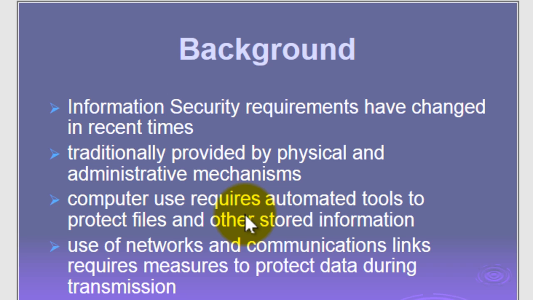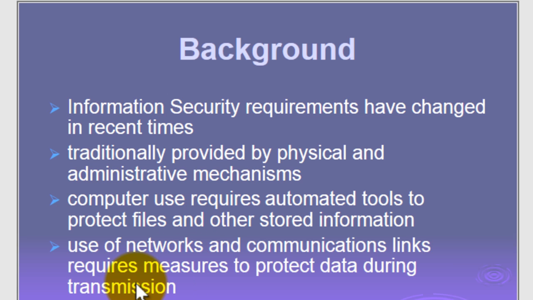If any unauthorized data or thing comes into the system, it checks whether it is authorized or not, and allows it into your computer only if it is authorized. Those types of automated tools have been developed nowadays, like antivirus software, various types of antivirus software. So we are using these automated tools nowadays to protect your files and important data.